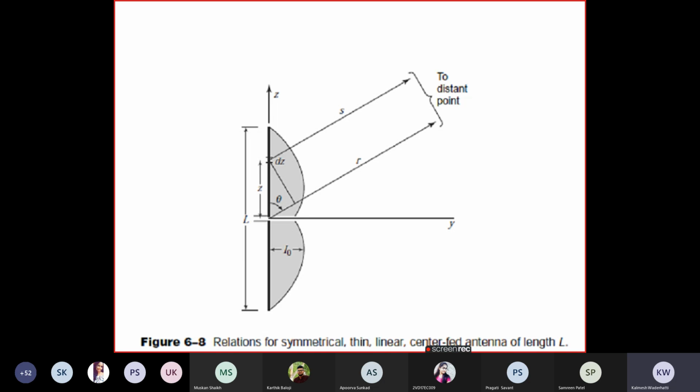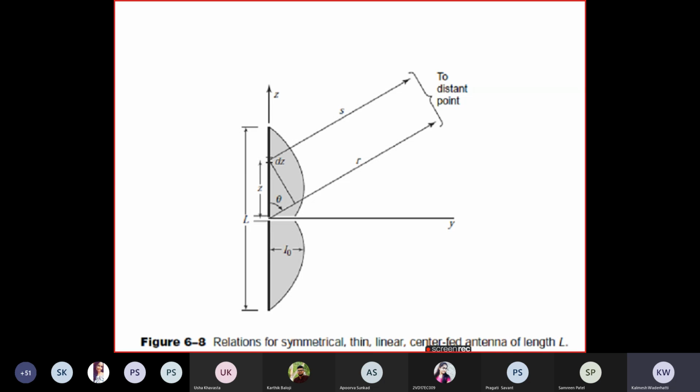On this Z we have dz, the small element we are considering, and with respect to the distant point we have the field analysis with respect to the S parameter as well as the R parameter. Therefore, the R parameter is changing the angle based on the S parameter. Therefore, the field distribution will be calculated with respect to this R parameter.